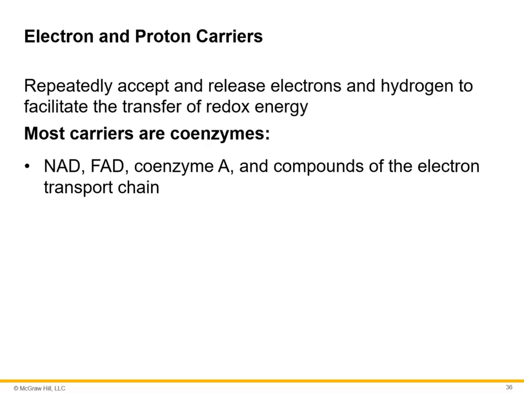Most of these carriers that are involved are going to be coenzymes. So NAD and FAD, coenzyme A, coenzyme Q. There's a lot of coenzymes involved. Just know that essentially organic molecules are taking these electrons and transferring them to oxygen.